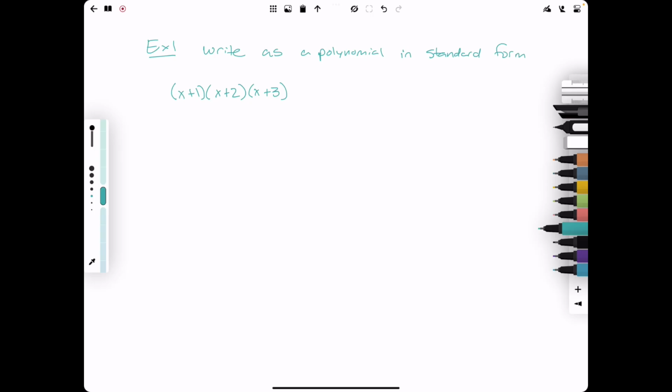our third factor. So just like when you were multiplying something like 27 times 13, you don't do it all at once. You do the 3 times the 7, 3 times the 20, 10 times 7, and 10 times 2, right?